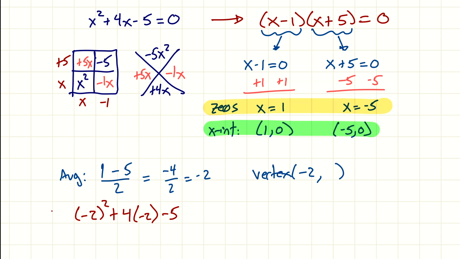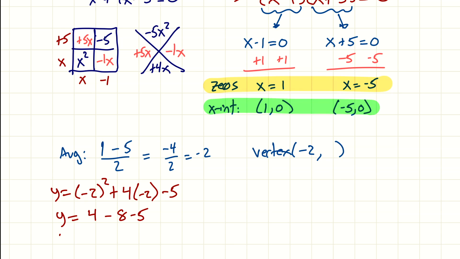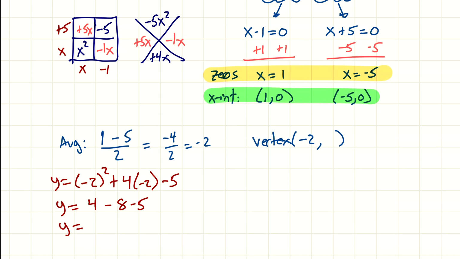So y equals 4 minus 8 minus 5. So y is equal to, I believe, negative 9. All right, so that means this is negative 9. Now I have an idea of what my vertex is.